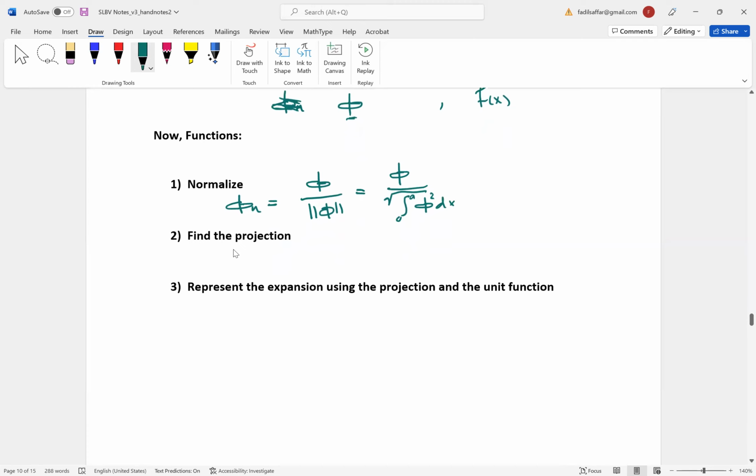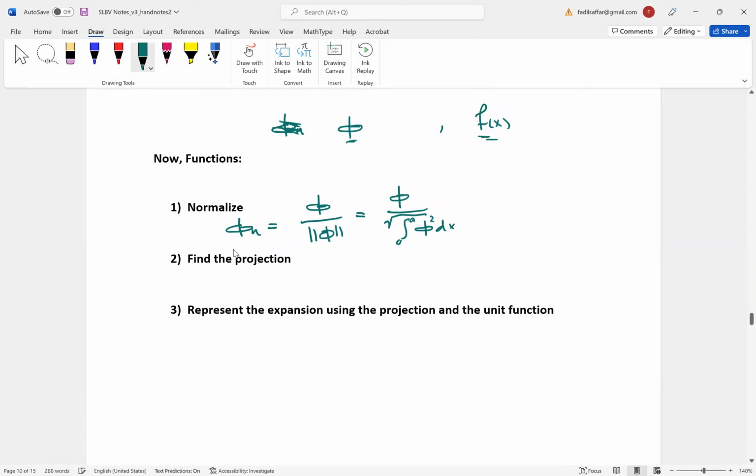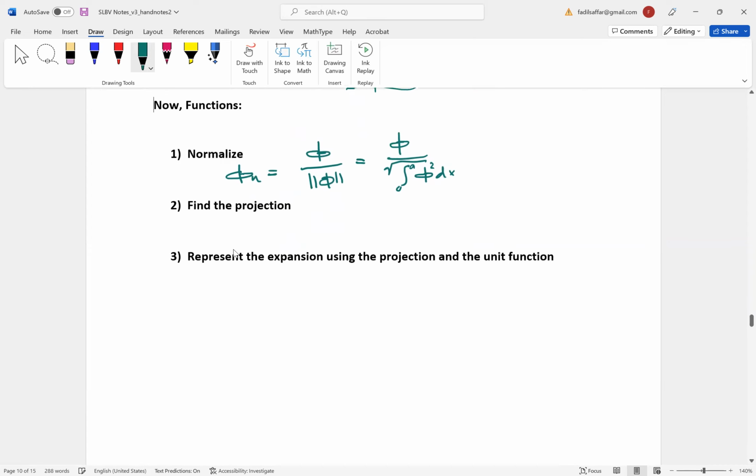And then we find the projection of this function onto this. And the way to do it is basically, let me call it P. In the slides and the lecture notes, these values were called Cs or Cn. But now let me call it C because it's just the projection. That projection is nothing but the inner product between that f of x and the phi of n. And what does that mean? That's just the integration from 0 to a.